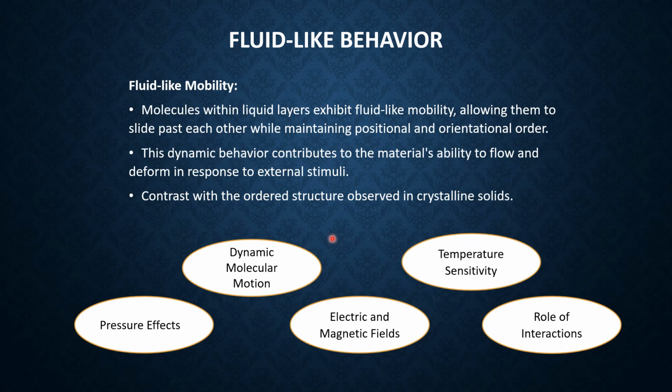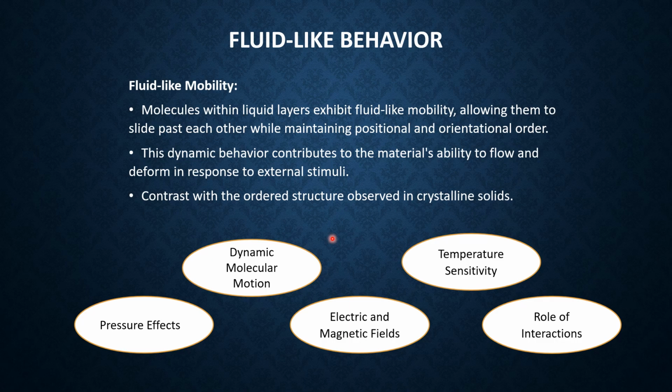They are going to maintain this positional and orientational order, because once this order changes, their properties will change, and their functionalities will change. So they are going to maintain this and flow like a fluid. This dynamic behavior contributes to the material's ability to flow and deform in response to external stimuli.